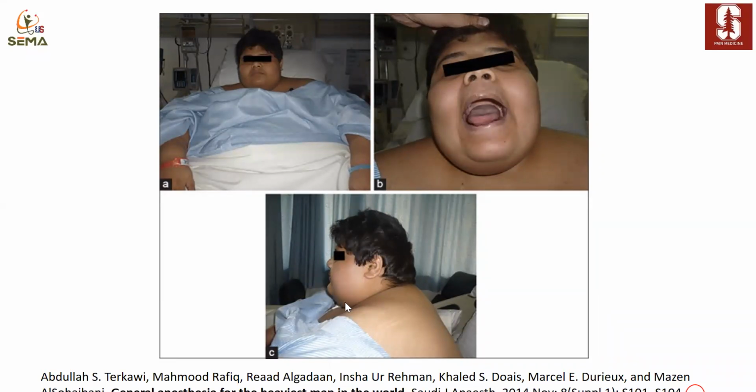It was not bad. Mouth opening was okay. Neck movement was okay. As you imagine, with this body habitus, you really cannot have a full neck movement.